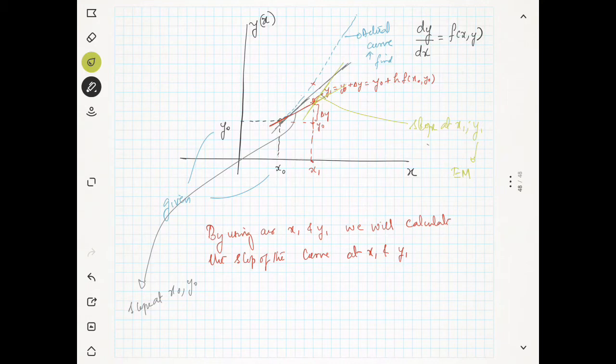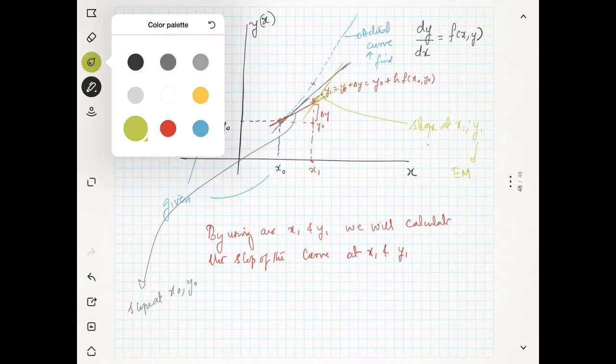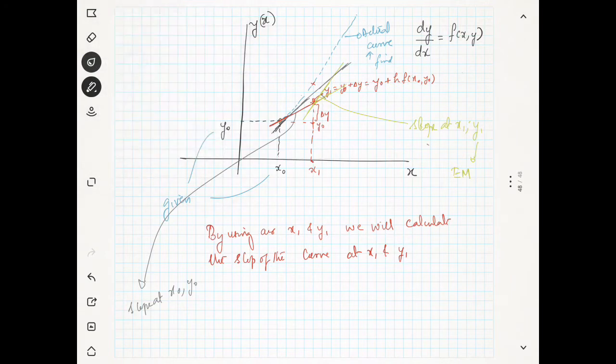So what is this? You can say this is the new curve. This new curve is the average of two slopes. Okay, so you can approximate with some other line with another slope.